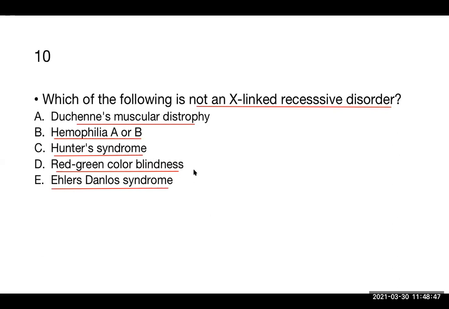And red-green color blindness is a type of color blindness, which can give a lot of problem during the practical license test of the vehicle or something like that. They cannot identify the true color, and there's a big problem for those drivers. Ehlers-Danlos syndrome is a type of connective tissue disorder. Let's move on.